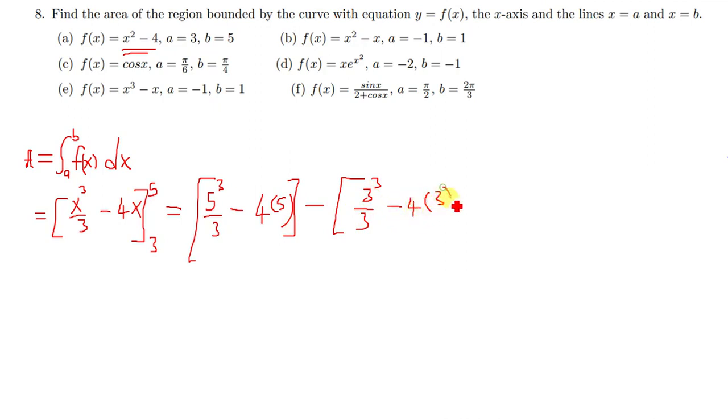This is just a matter of simplifying the expression, and the answer is what we call our area.